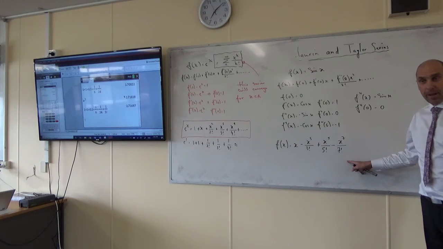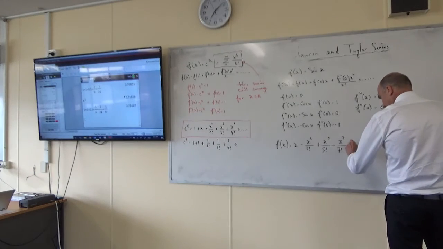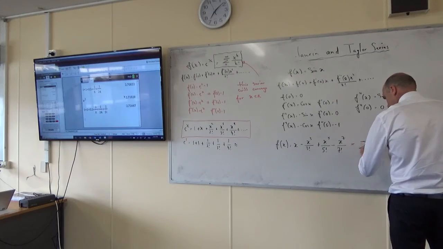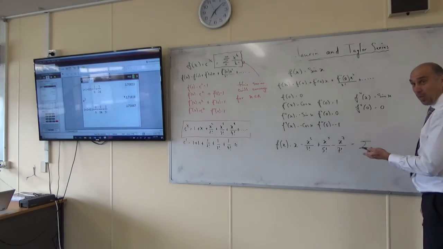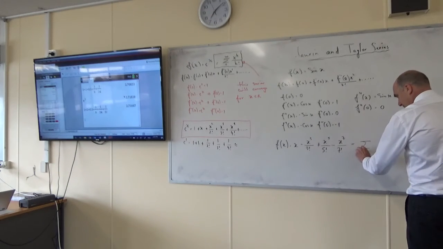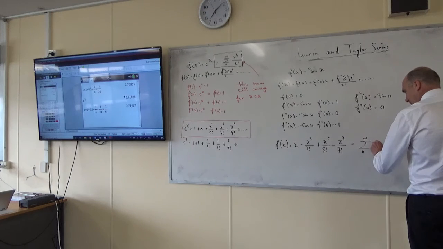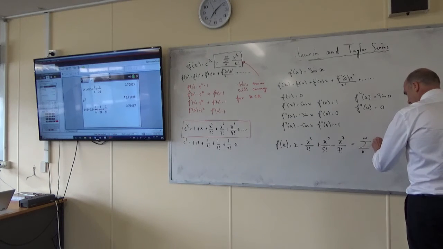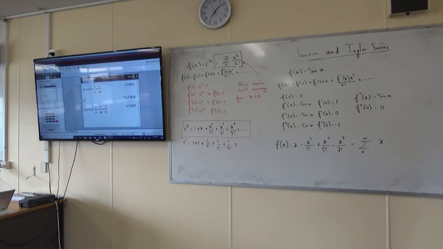So, what's my expression? Start at 0, will we? Yeah. Well, we could start at 1. We'll start at 0. So what's this going to be? This will be x to the power of, was it, 2k plus 1?